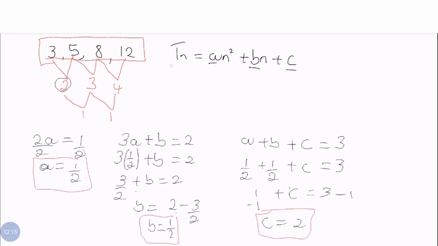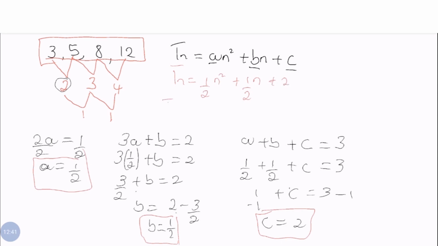That means Tn is equal to a, which is 1 over 2 n squared, plus b, which is 1 over 2 times n, plus c, which is 2.